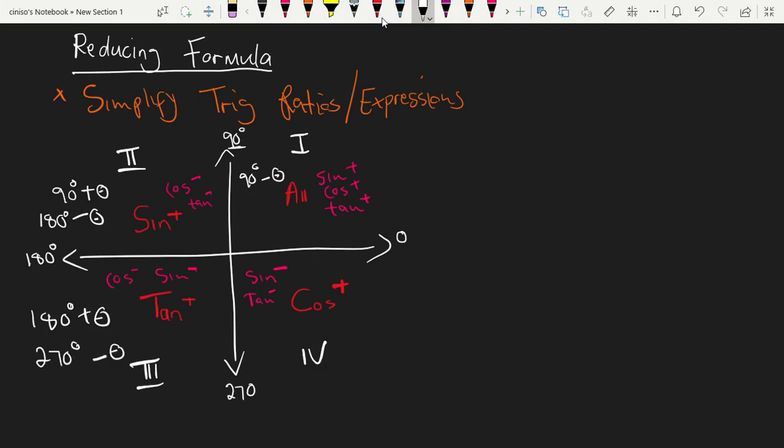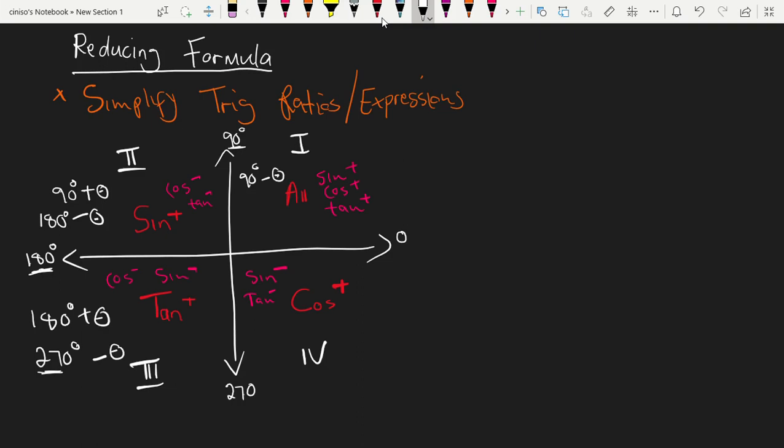So here you have your 180 degrees. So any angle above 180 degrees will lie in the third quadrant, but it must be below 270 degrees. That's why you have 270 degrees minus theta. It must be below 270 degrees, so it will lie in the third quadrant.